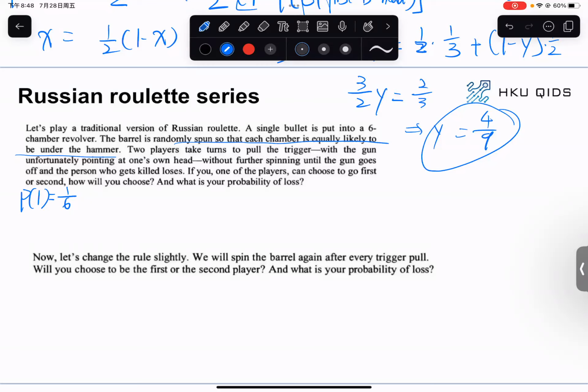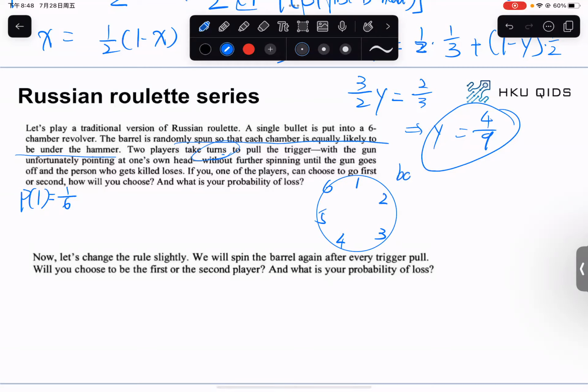Once the barrel has been spun, the position of the bullet is already fixed. Let's draw a picture here: 1, 2, 3, 4, 5, 6, right?